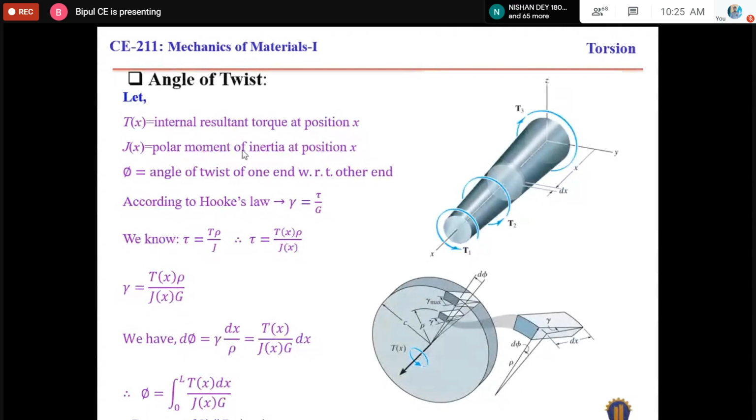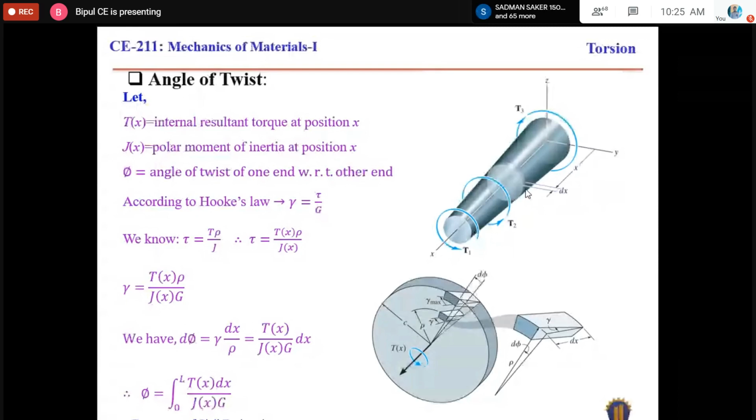We have to derive an expression to determine the angle of twist. This shaft has a variable cross section along the length, and different values of torsional force.